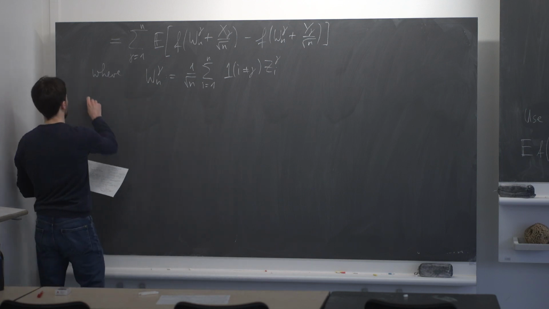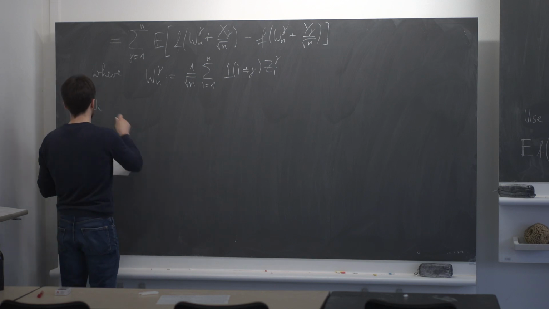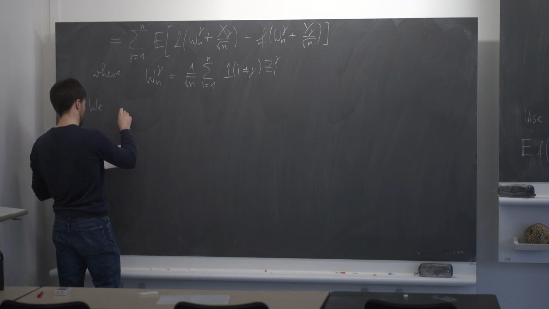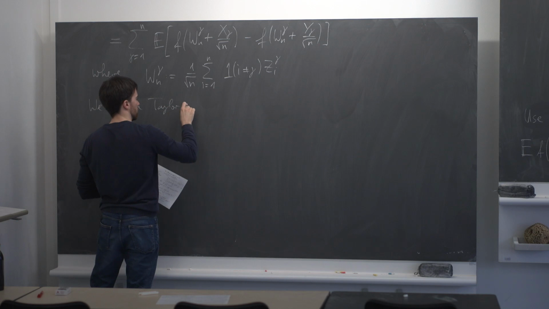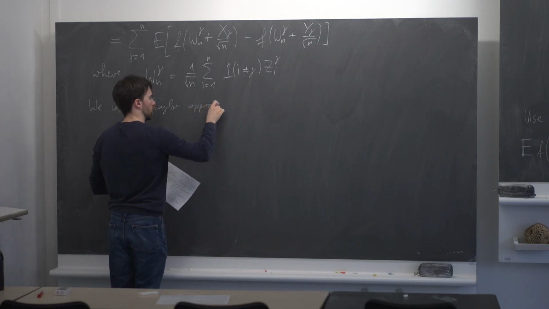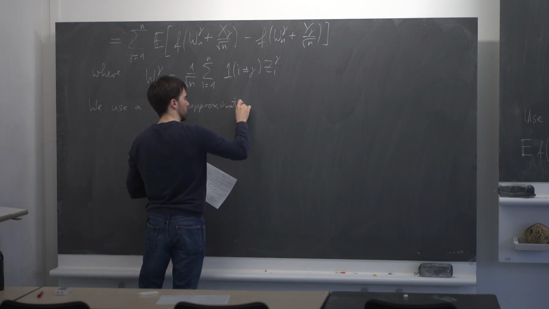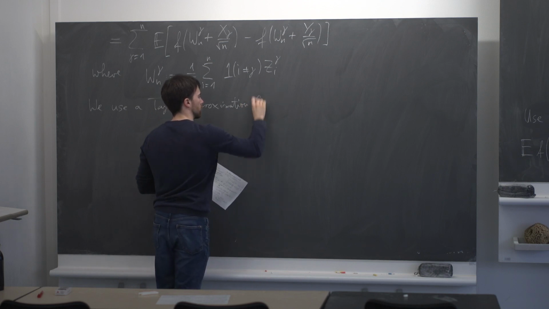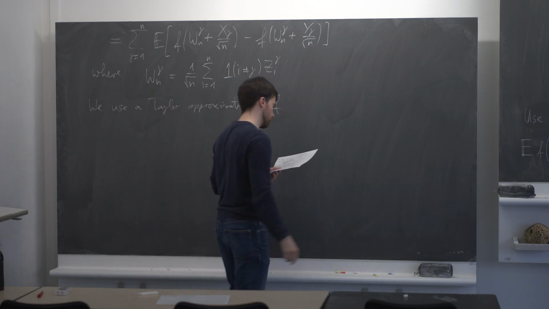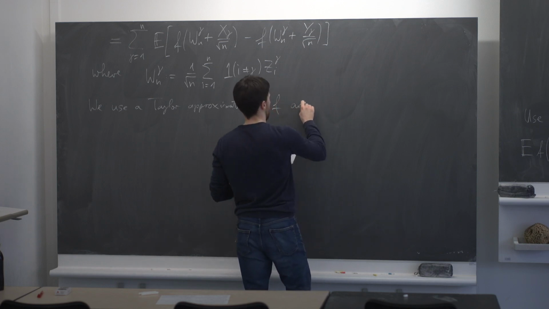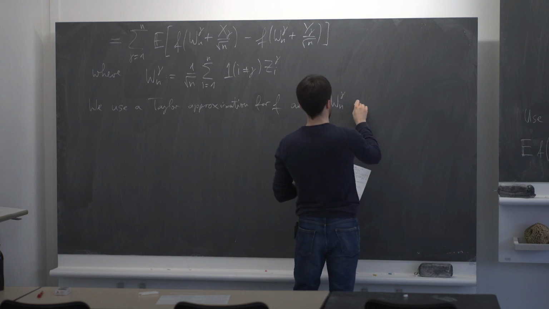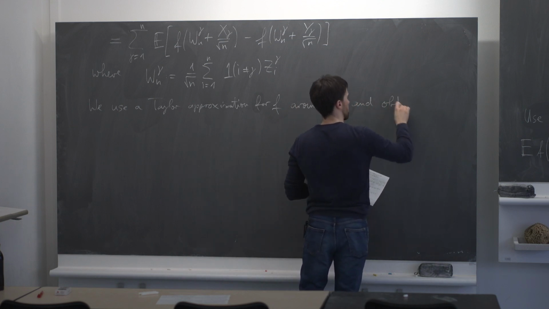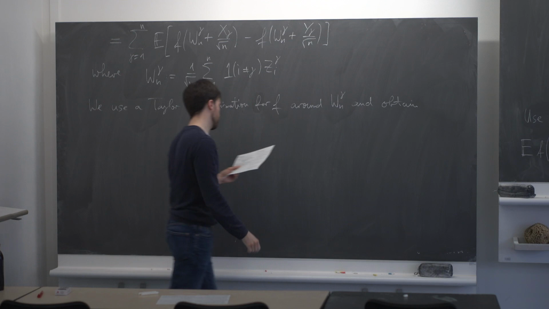So we use the Taylor approximation for f around this W n gamma, and obtain the following.